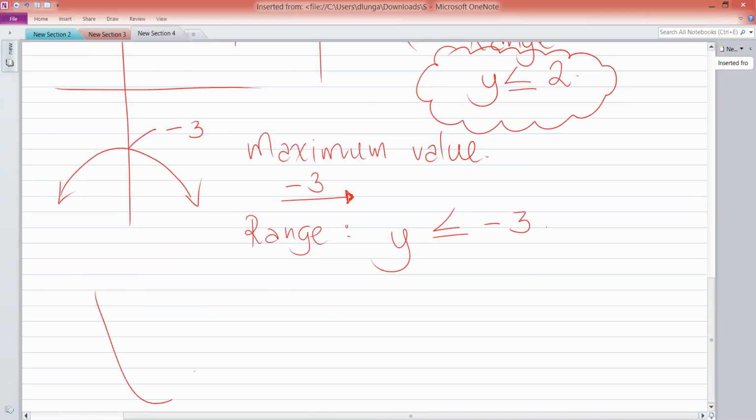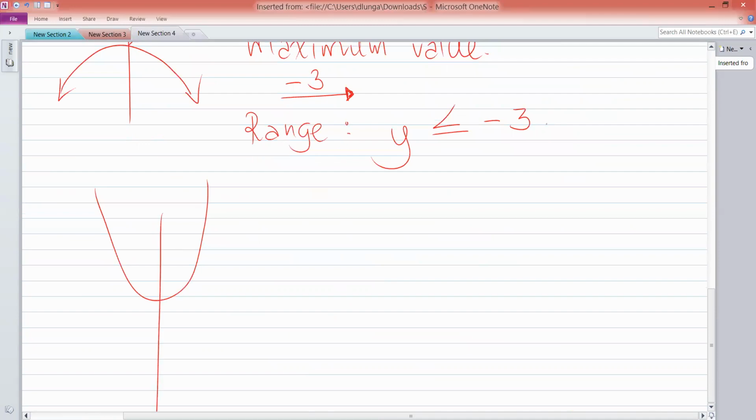What do you think the range of this next one is? Okay, that is 7. What's the range? Do you think this one's going to have a maximum value or a minimum value? A minimum. Yeah, it's going to have a minimum.